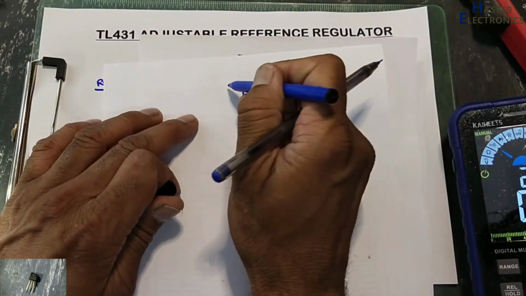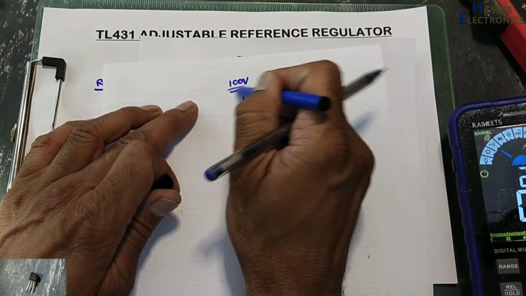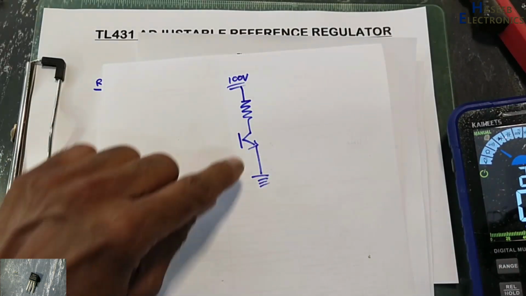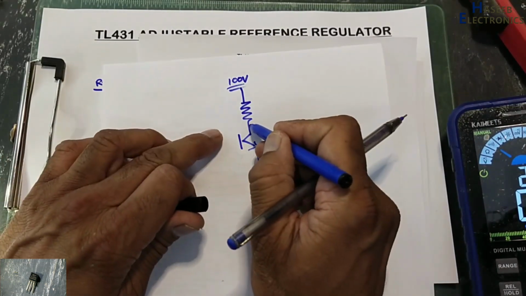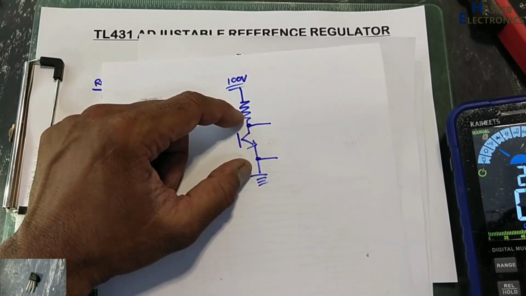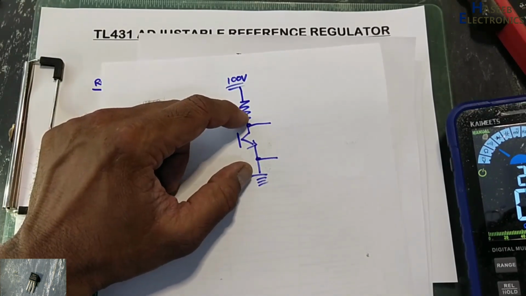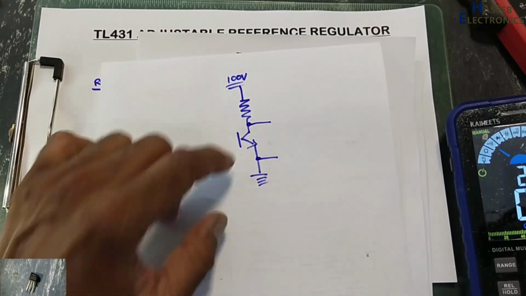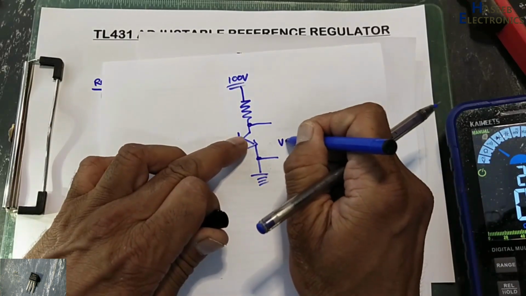For example, we provide 100 volt here. When it is off, all the 100 volt will appear at these 2 points. An off transistor behaves like an open circuit. That means VCEO.